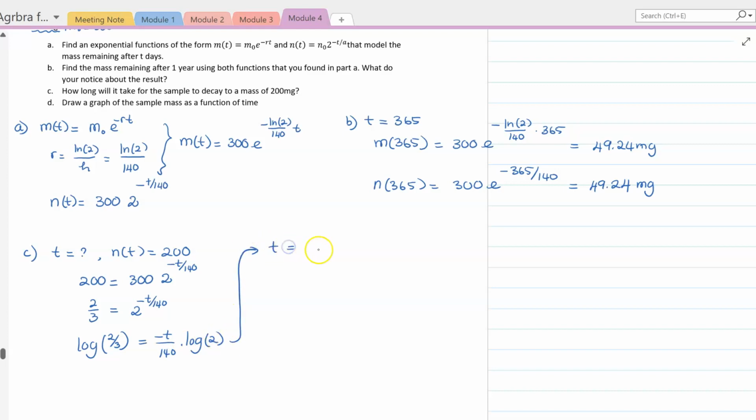So T is equal to negative 140 log of 2/3 divided by log of 2.